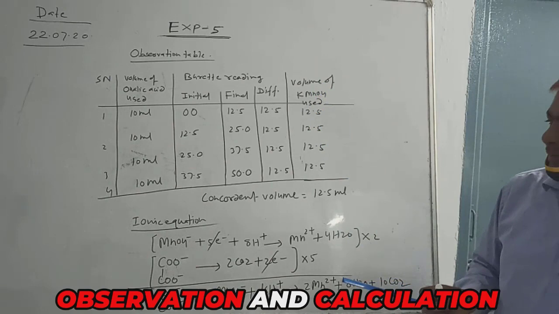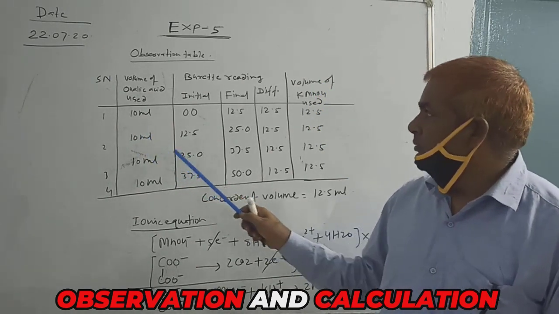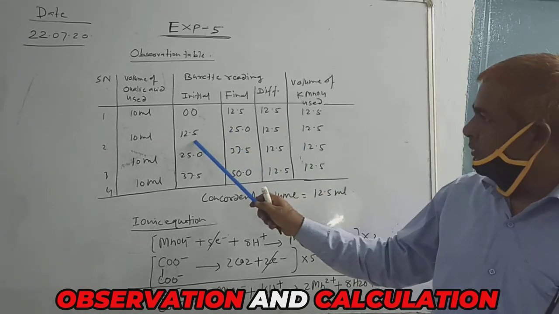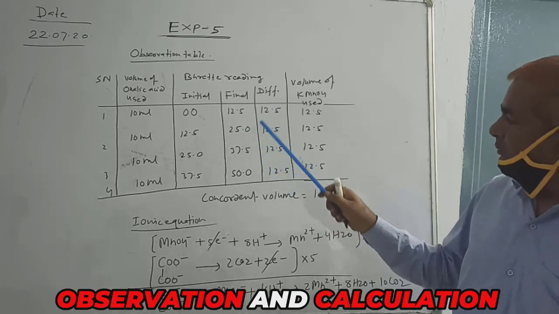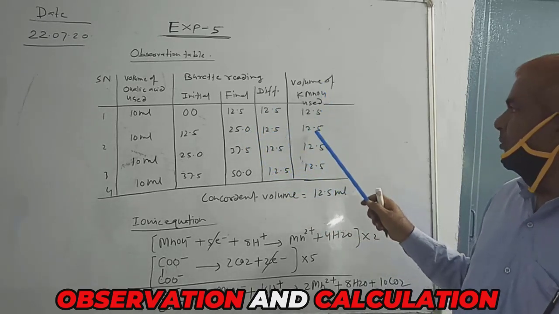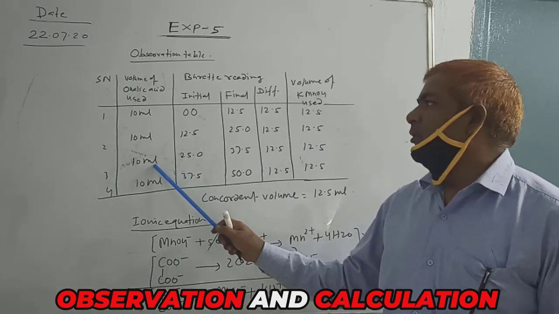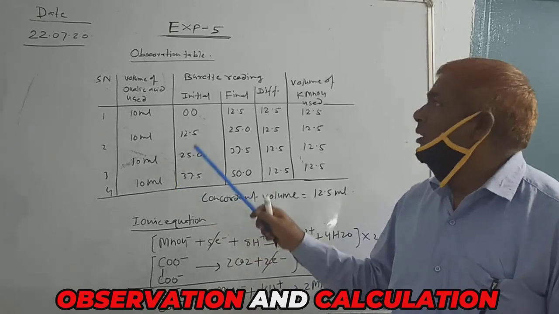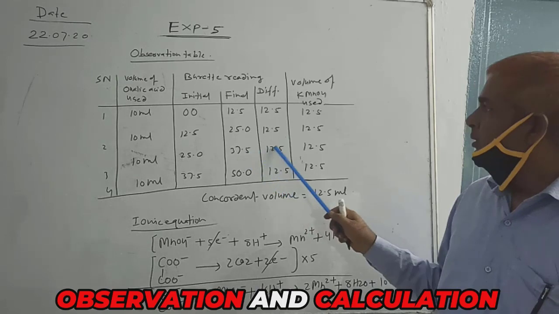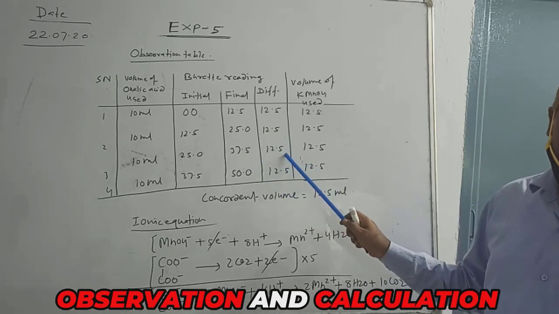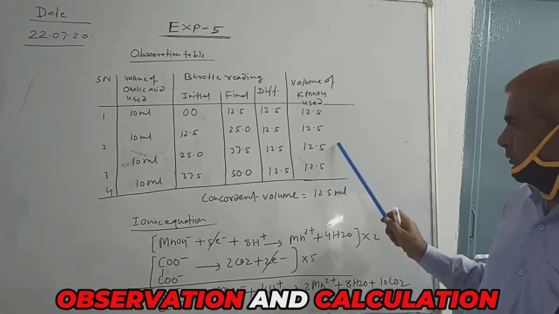Now coming to the second observation, the process is the same. 10 ml of oxalic acid used, initial is 12.5, final reading observed 25.0, difference is 12.5, and volume of chemical is 12.5. For the third observation, same volume of oxalic acid 10 ml, initial reading 25.0, final 37.5, difference 12.5, volume of chemical 12.5.